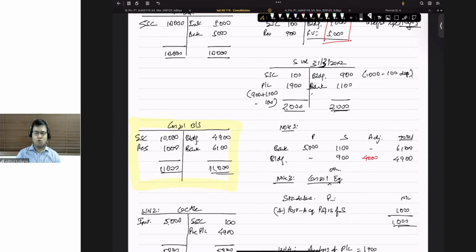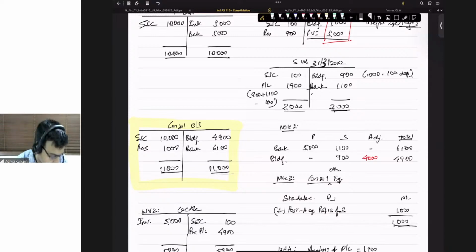Now you are a person who understands financial reporting. You know what the meaning of useful life is. You know what the meaning of depreciation is. You know how to calculate it. So immediately you will look at the balance sheet. 5,000 is your cost or revalued amount. And if 10 years were my useful life, then my depreciation should be at least 500. Right? But my depreciation is actually only 100.